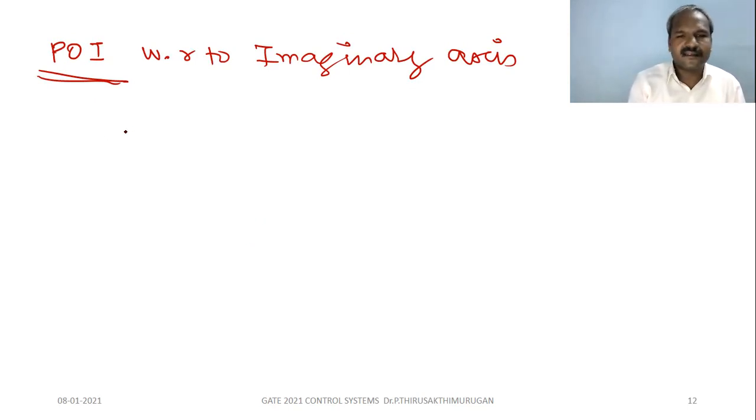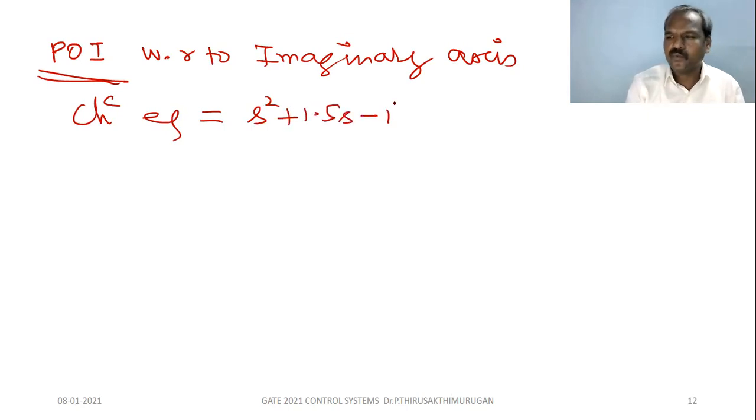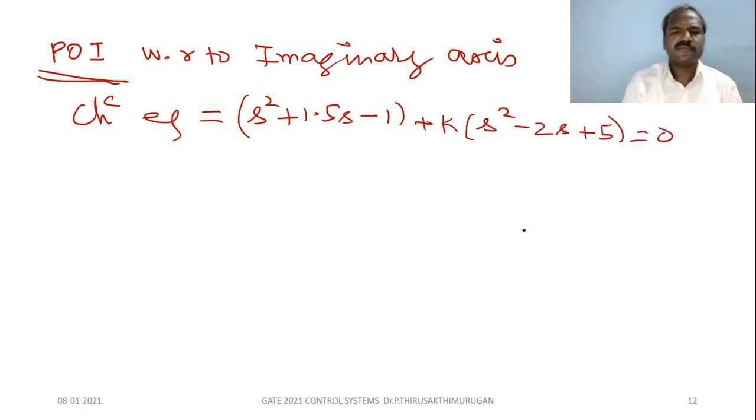What is the characteristic equation? The characteristic equation is s square plus 1.5s minus 1 plus k into (s square minus 2s plus 5) equal to 0. So let us simplify this.